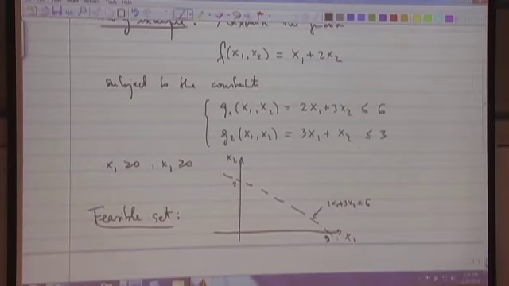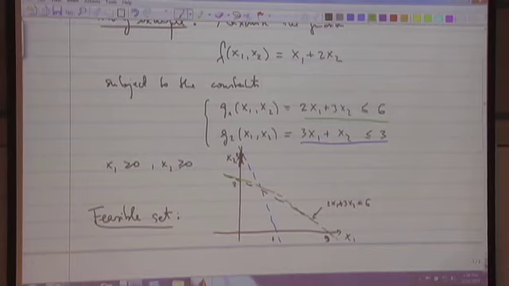The second one, if I use a different color, looks something like that, right? I believe there is a 1 intercept and there is a 3 intercept here. Obviously it's chosen so that it looks fairly simple. And again, it's the lower half plane determined by that blue line.